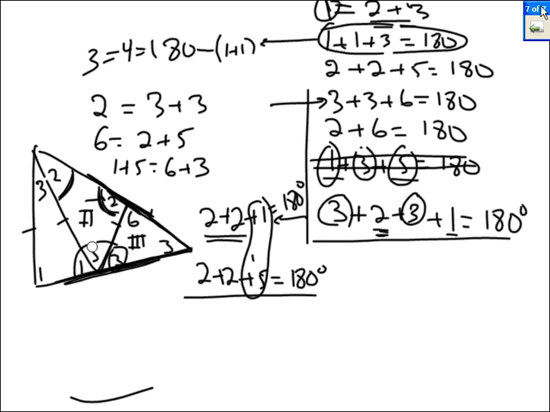That is, this is really angle 1. Angle 5 is really 1. So I see a 1 and a 5 in that equation. I'm going to put 1. And I see a 5 in this equation, and I'm going to put 1.